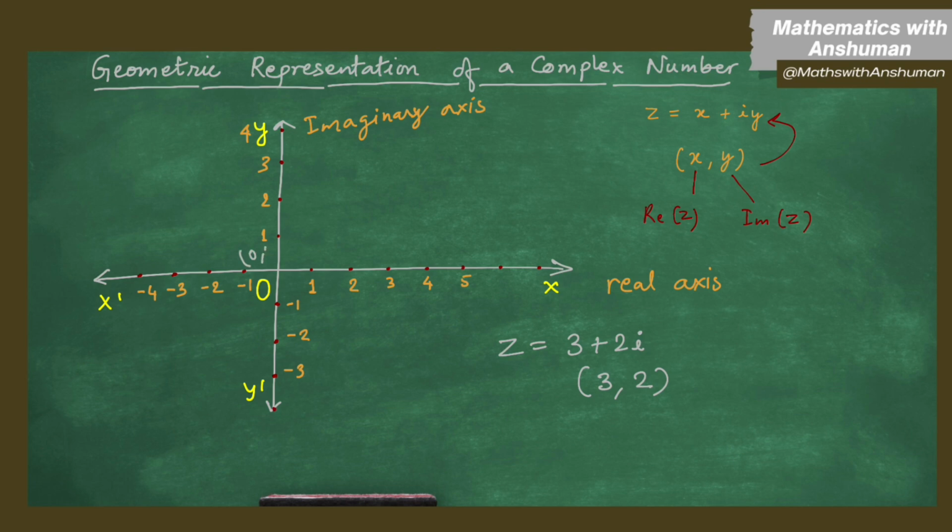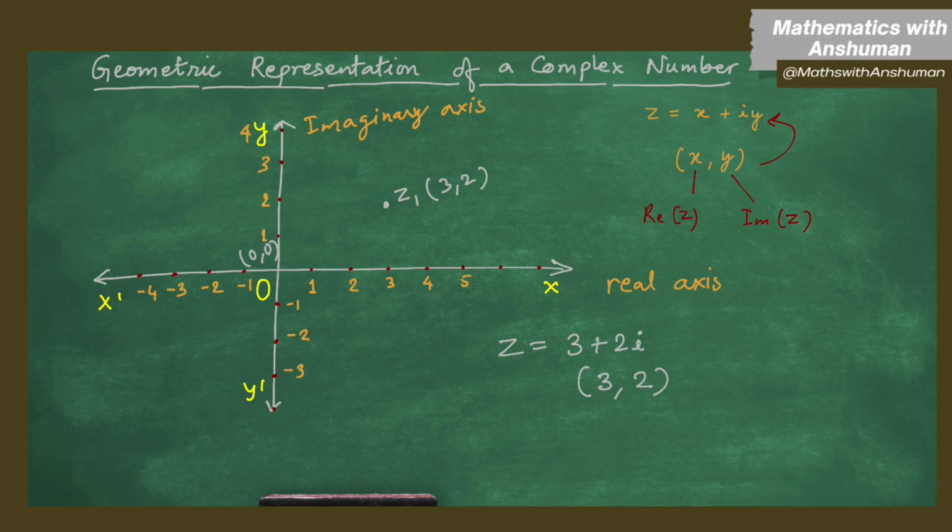And 0 is again represented by the ordered pair (0, 0), in which x and y both are 0. So this is your point, and for example, it is your z1, and z1 is the point (3, 2), in which 3 is the real part and 2 is the imaginary part.